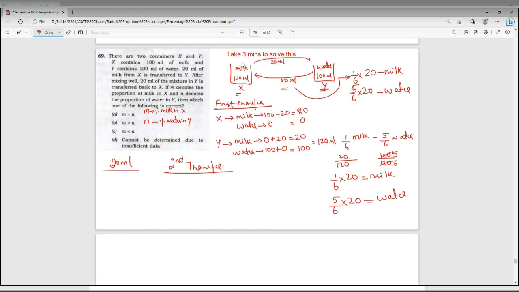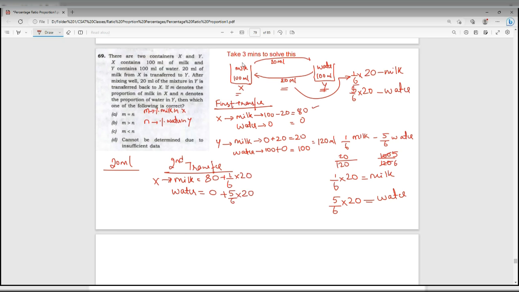So now what will happen in X? Milk in X earlier was 80 ml, and now 1/6 into 20 ml is being added. And water earlier was 0. Now 5/6 into 20 ml of water is being added.